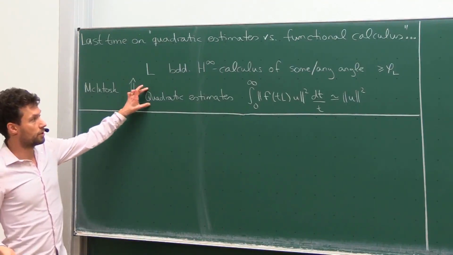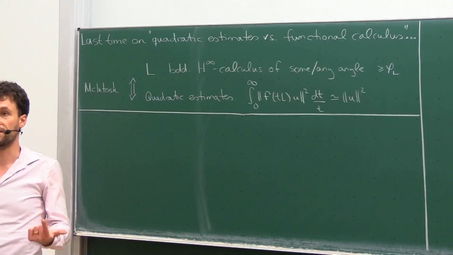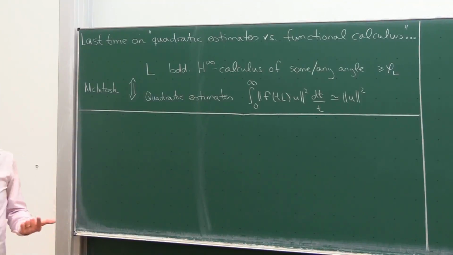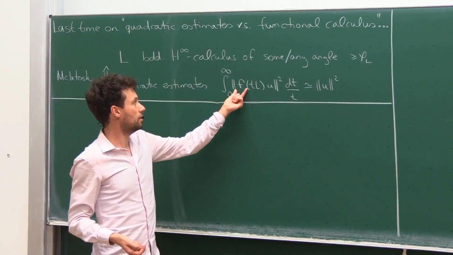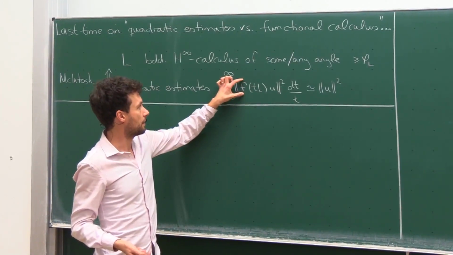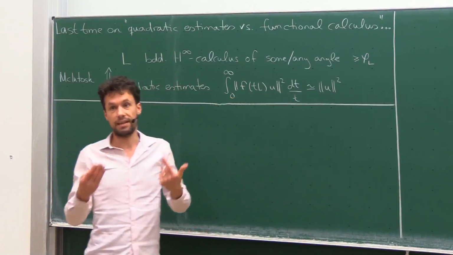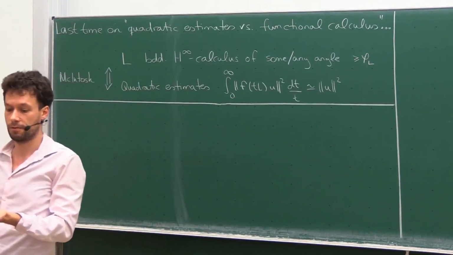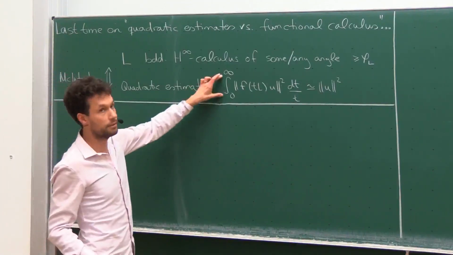If this works for the operator, this is equivalent to saying that the operator has a bounded H-infinity calculus. Because you're only evaluating this auxiliary function along real parameters, the angle of the sector on which f is defined does not appear anywhere here.